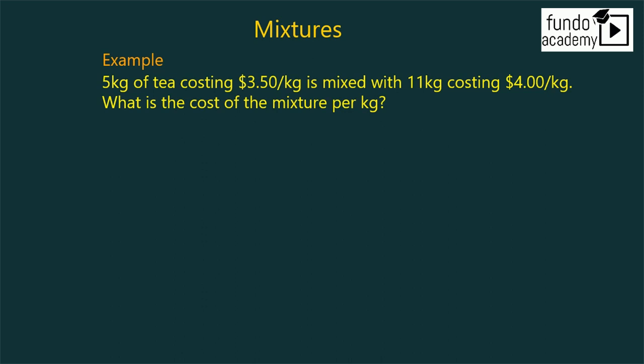We've got 5 kilograms of tea costing $3.50 per kilogram, which is mixed with another type of tea, 11 kgs of them, which cost $4 per kg. So we want to find the cost of that mixture per kilogram.